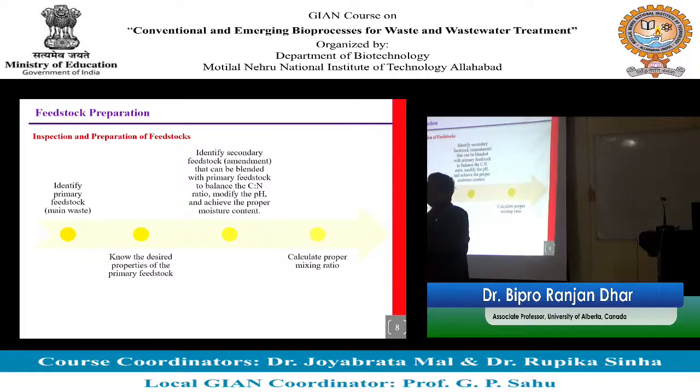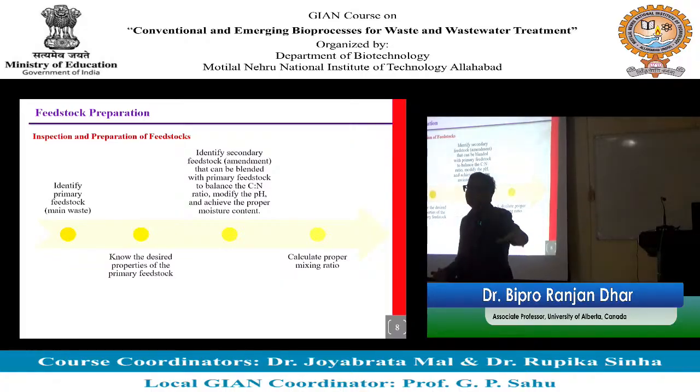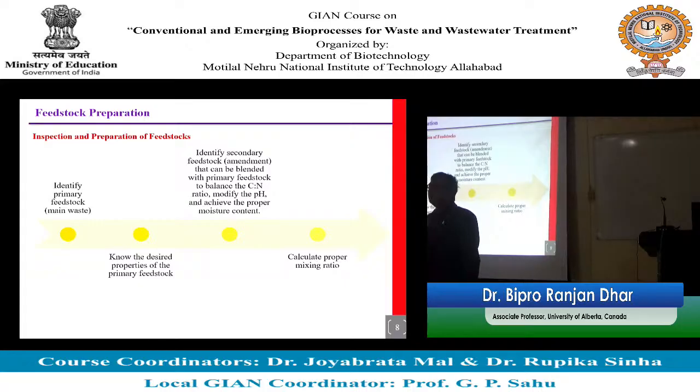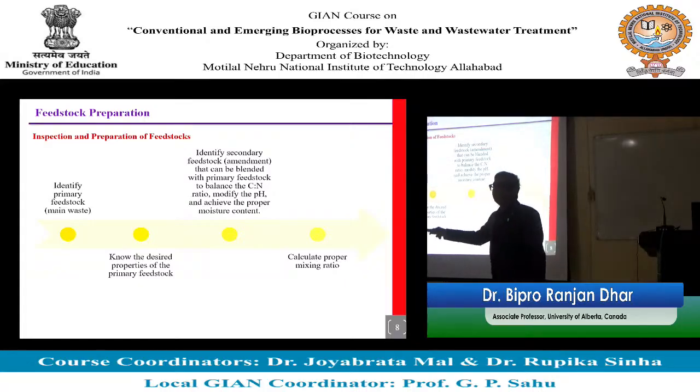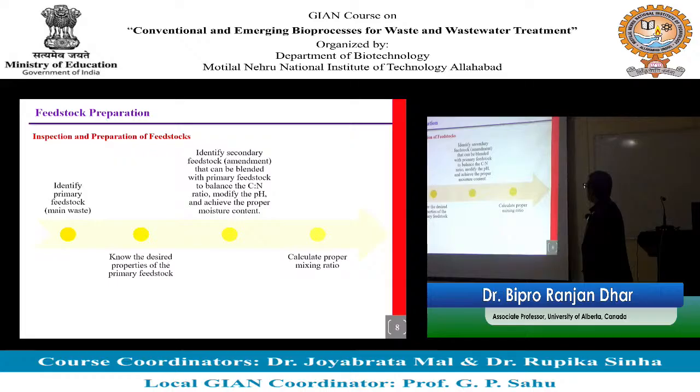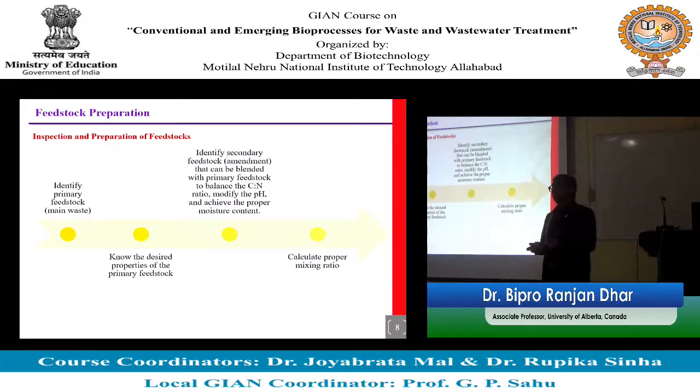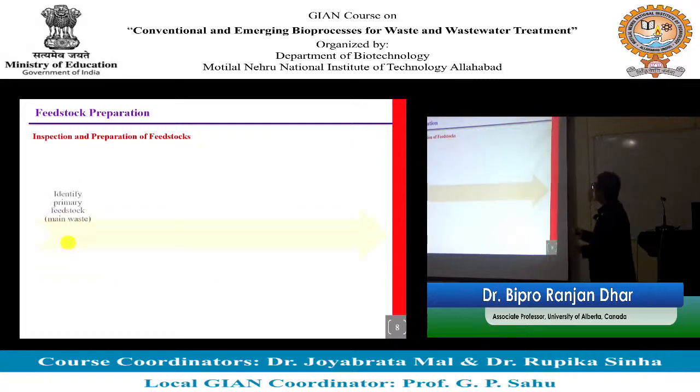So first we have to characterize the carbon to nitrogen ratio for our primary feedstock and for our secondary feedstock. We need to know how to calculate the proper mixing ratio, so let's see an example.